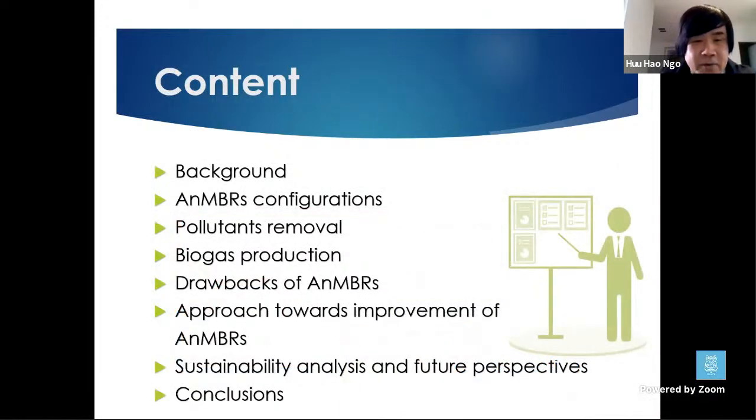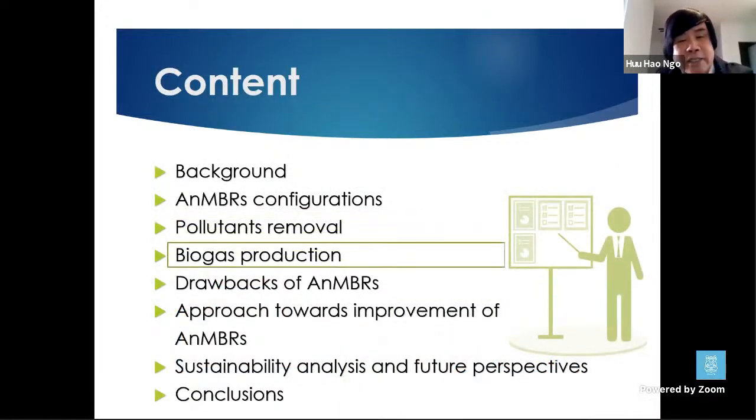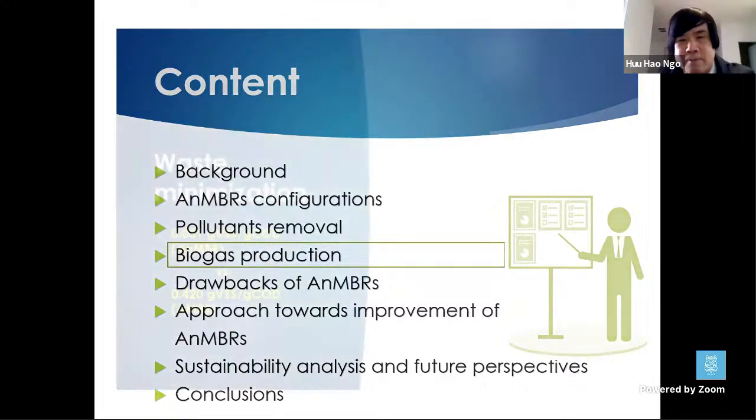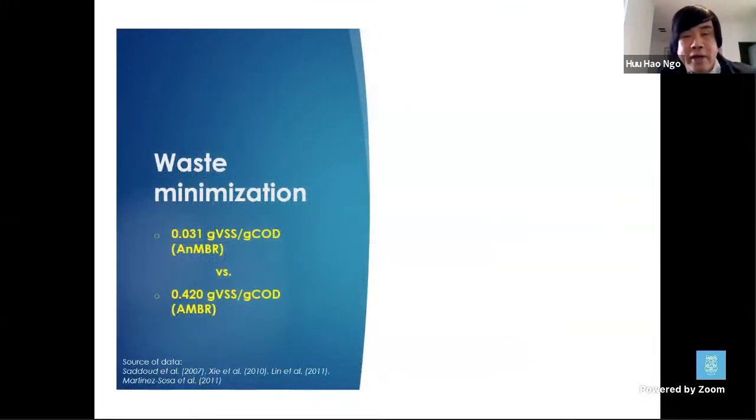Okay, so now we come to the biogas production. When we talk about biogas production, we think about waste minimization, because that's the way we have to think. For example, per gram COD removed, this is the sludge production.